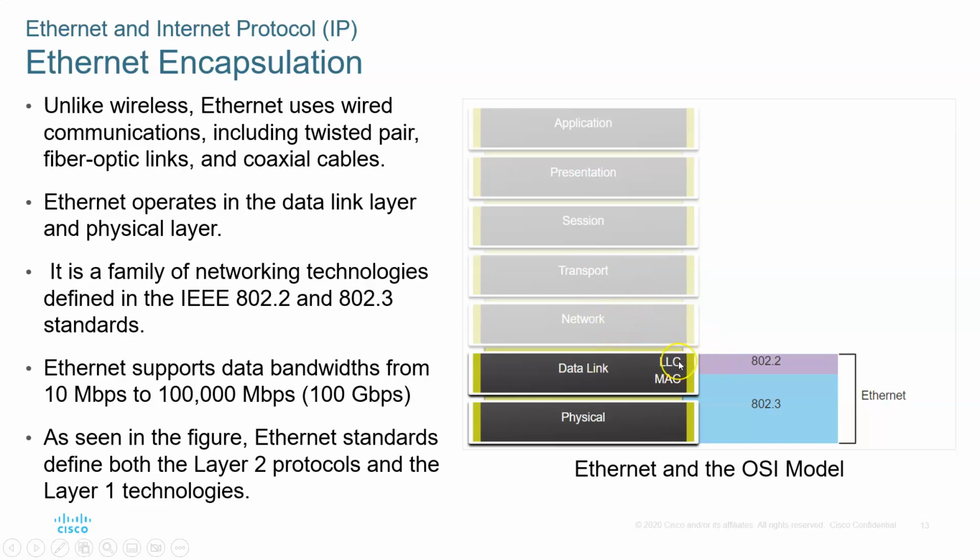That's all the LLC does. It sets up the frame, puts the data in there, and puts a label on it indicating what type of data. Is it IPv4? Is it IPv6? Is it some other type of layer 3 data? It doesn't have to be IP. It could be something else.